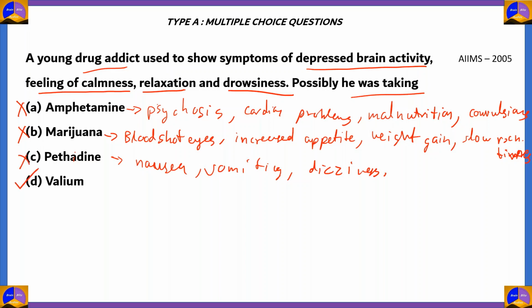Therefore, our right answer is option D, Valium. Valium causes depressed brain activity, feeling of calmness, relaxation, and drowsiness. So among the four, Valium is the most probable candidate for the young drug addict being using the drug. So when he uses Valium, he can have these symptoms. So he was possibly taking Valium. Option D is the right option.